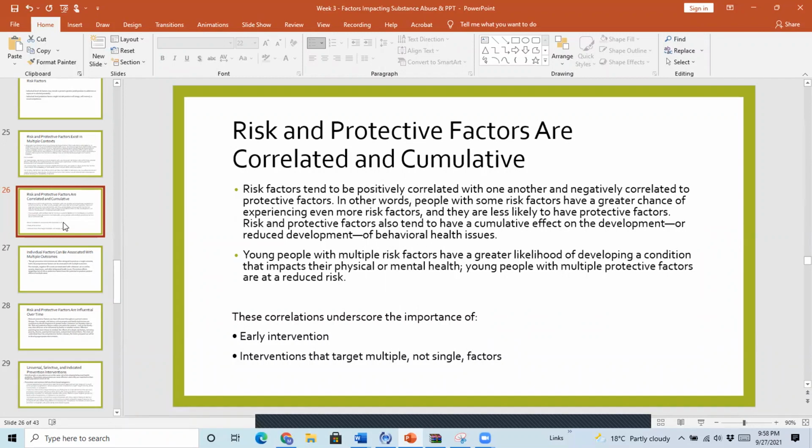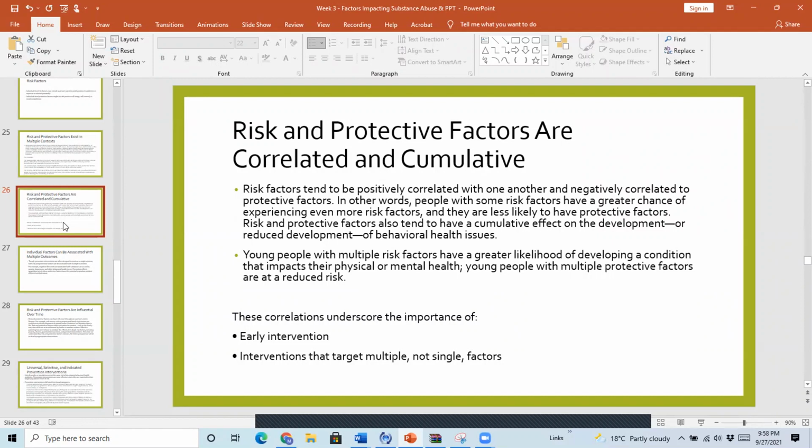Now, the risk and protective factors tend to have a cumulative effect on development, or may reduce the development of behavioral health issues. So as I said, if you have all of these factors present in this environment, it can change in one direction or another, depending on the situation, depending on the person.